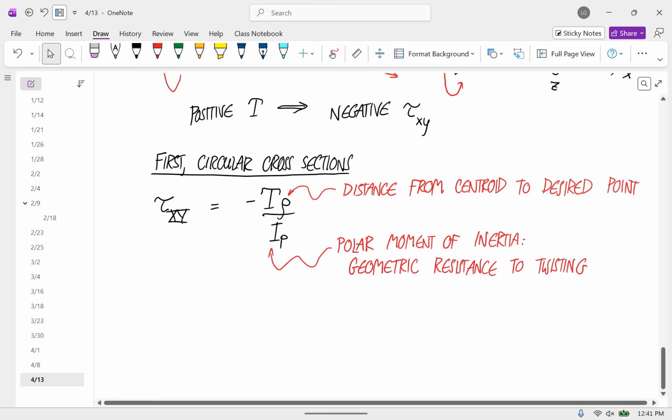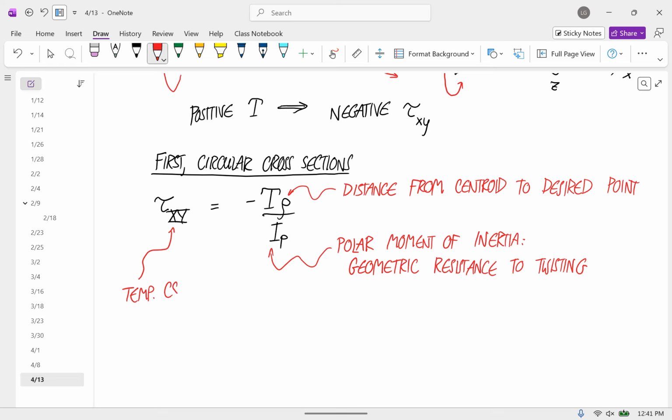And I have to define this XY, a temporary coordinate system, where the capital Z axis points from the centroid to the desired point.